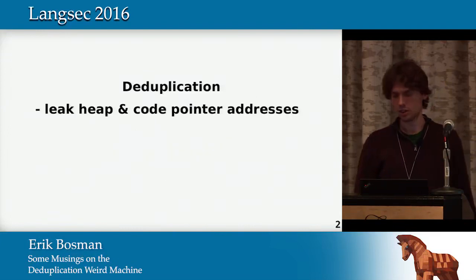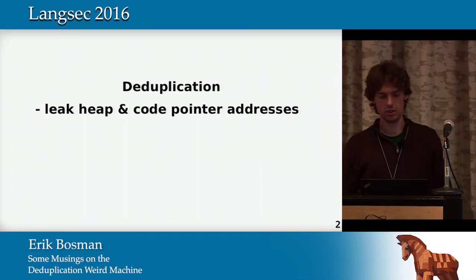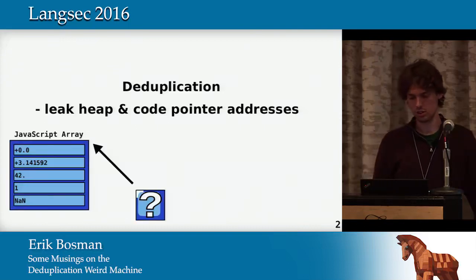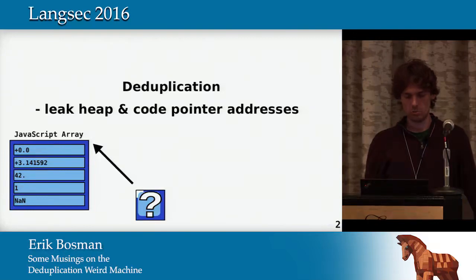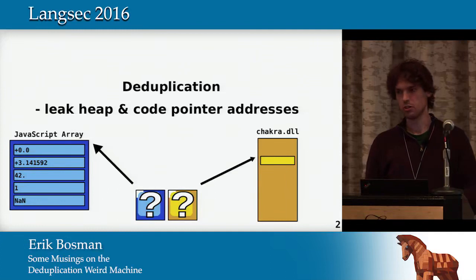So in order to do our Rowhammer attack, we need to leak some information. In this case, a heap pointer pointing to data we control, and a code pointer to the JavaScript library itself.